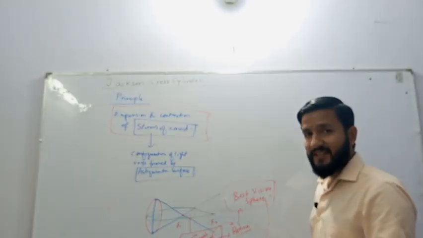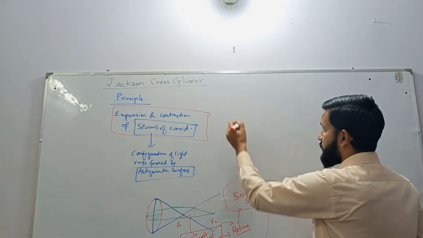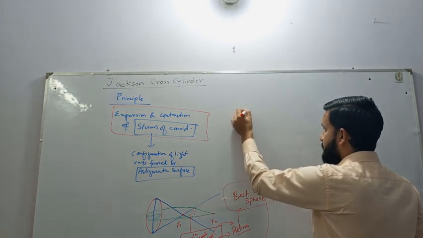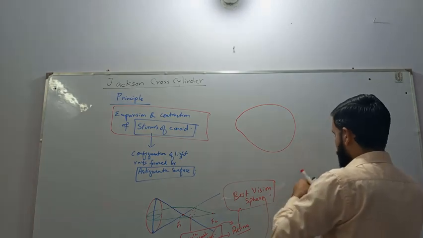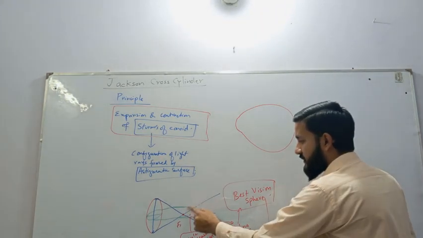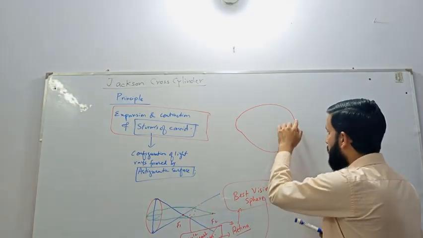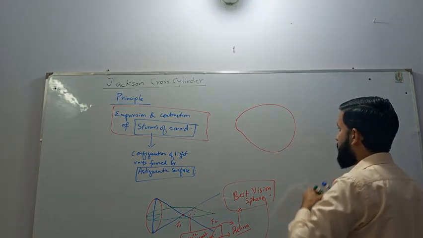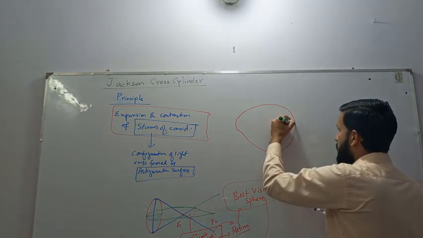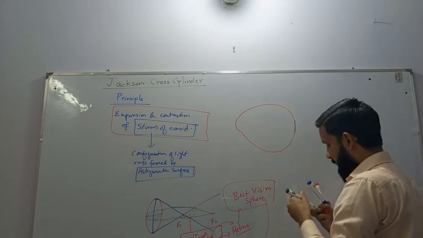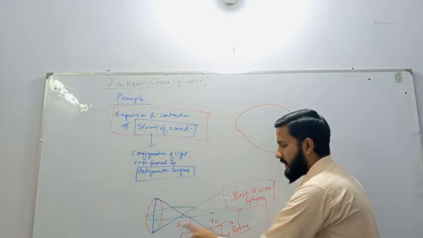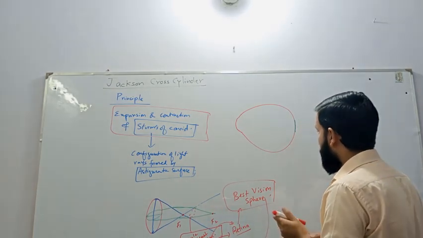So before starting Jackson Cross Cylinder, I have a situation like this. This is the eye, let's suppose. This circle of least confusion will be on the retina. I will label it with green. Let's assume that it is the circle of least confusion. Then I have F1 and F2.